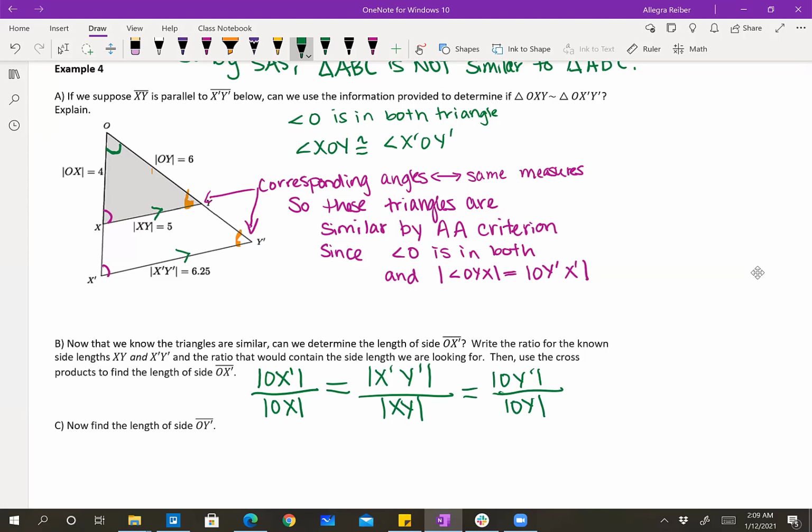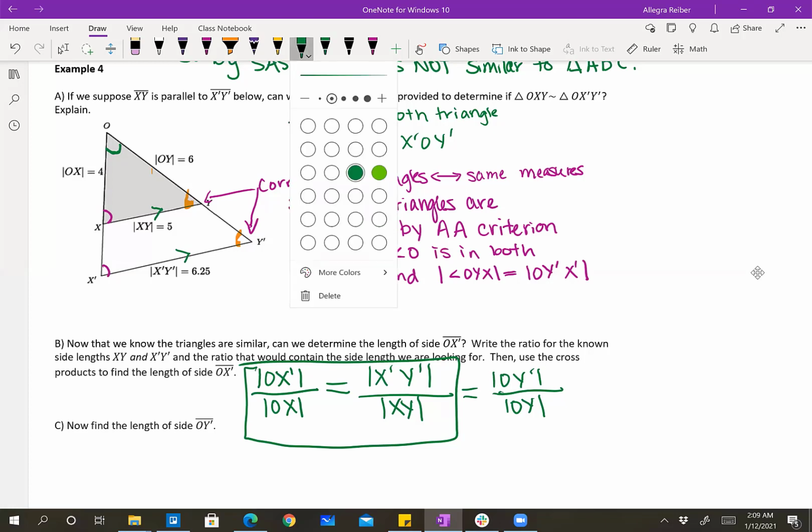Now let's put in the information we know, and we're going to focus first on this part and write a little proportion we can solve to find the length of the side we are seeking, in this case, OX prime. So I'm going to name the length of my side OX prime. I'm going to name that length Y. Now, Y is bad.